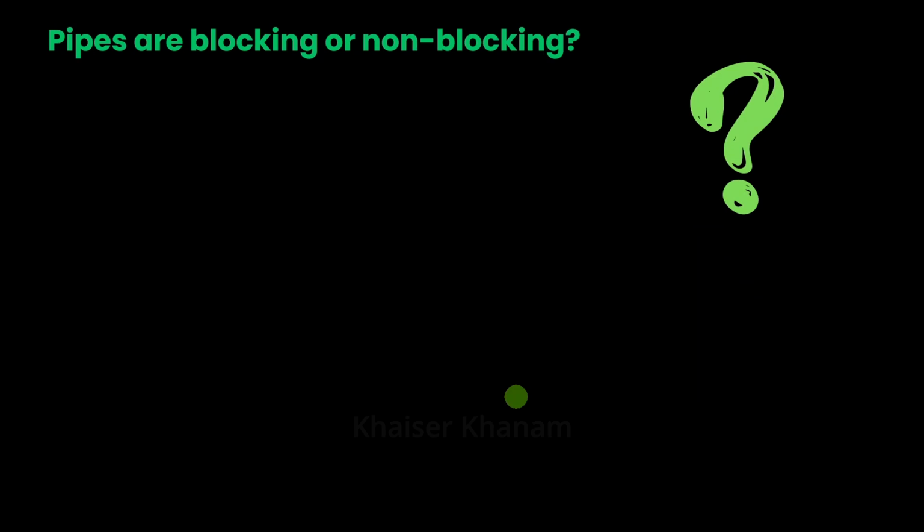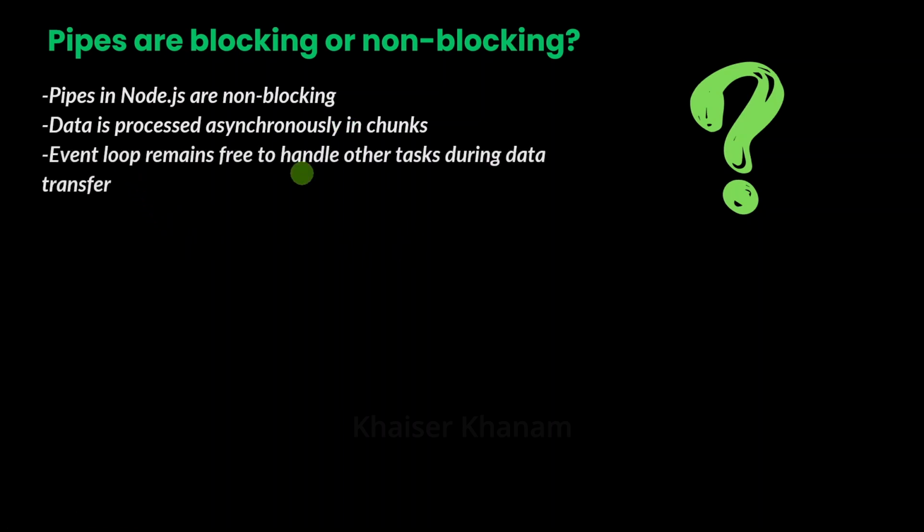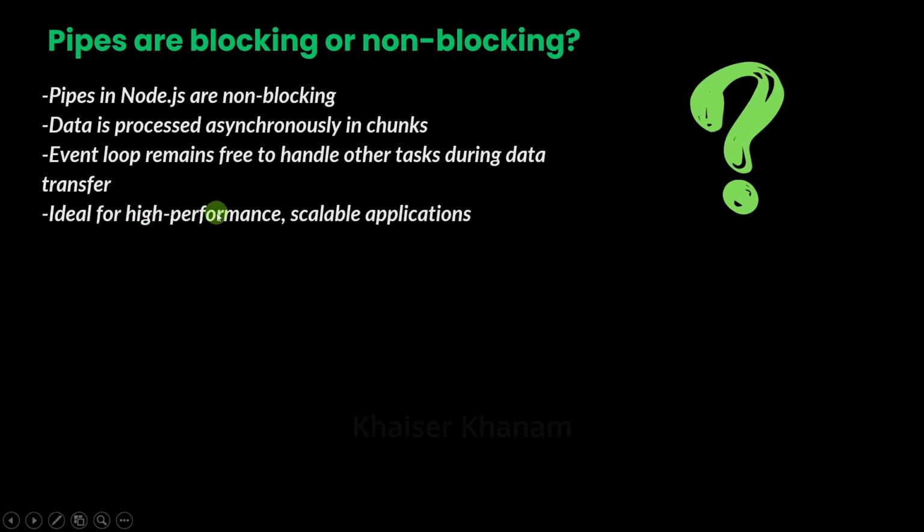So now the question is, are pipes blocking or non-blocking? The answer is, pipes in Node.js are non-blocking. Whatever data is processed, it will be processed asynchronously in chunks. So our event loop will not be blocked for other tasks and it is ideal for high performance and scalable applications.